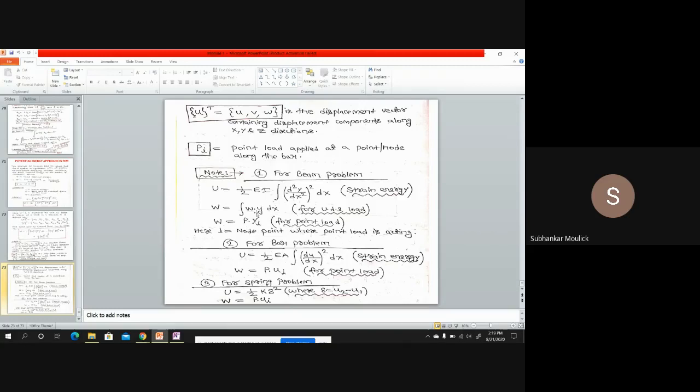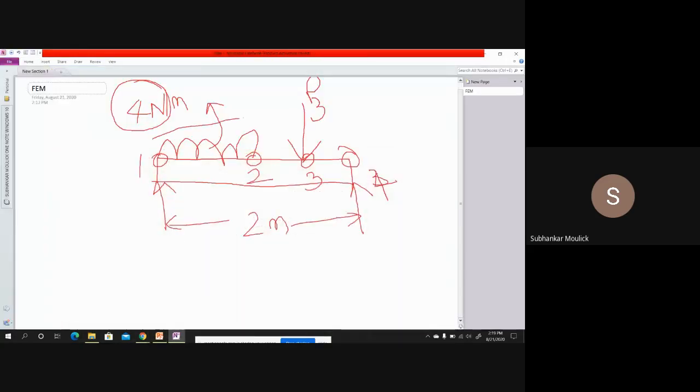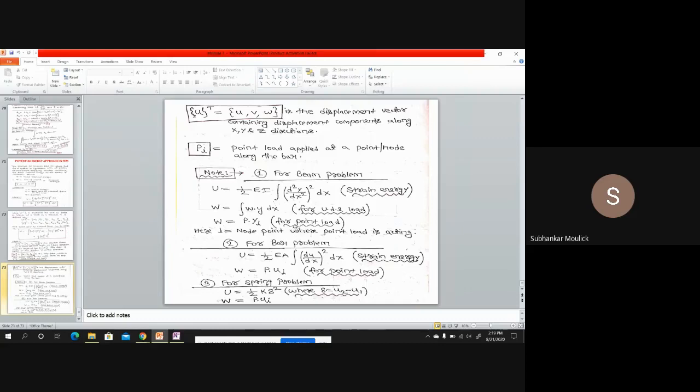So sorry, this is for UDL: integral of W into Y. That means if this particular value is W, and due to this UDL the deflection in this particular element is varying in terms of Y, then that is the value of Y. And what will be the point load term in this beam problem?